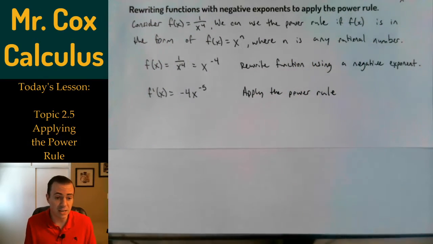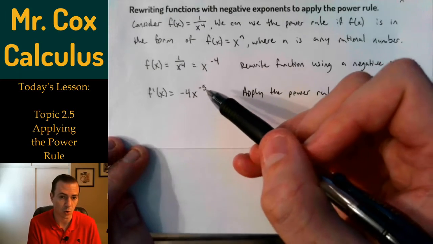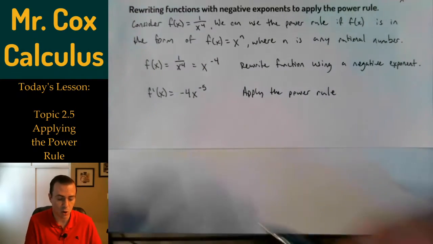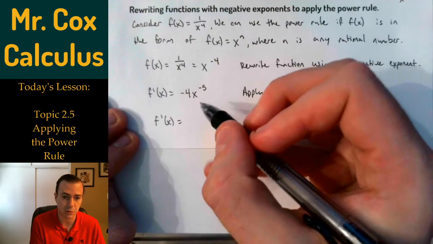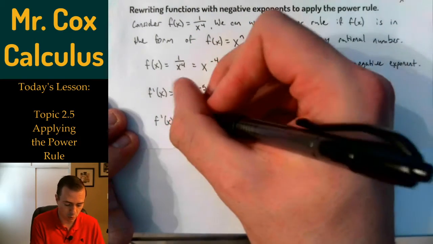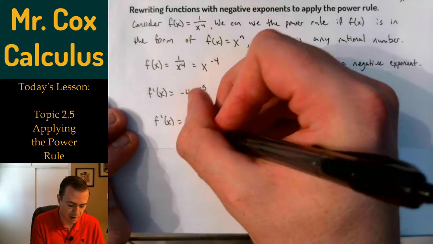Now then, we need to go back and get this into sound form. It's considered bad form to leave negative exponents in your work. Fortunately, it's very easy to rewrite this again. I can rewrite this as f prime of x equals negative 4 over x to the positive 5, with the x to the minus 5 now in the denominator.